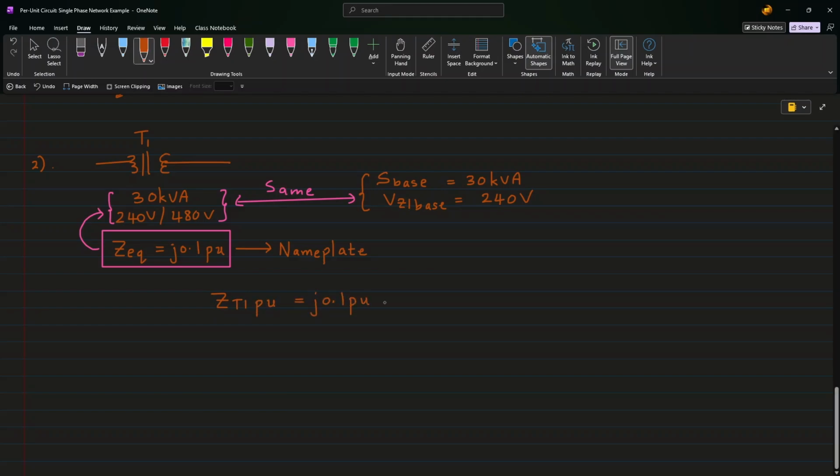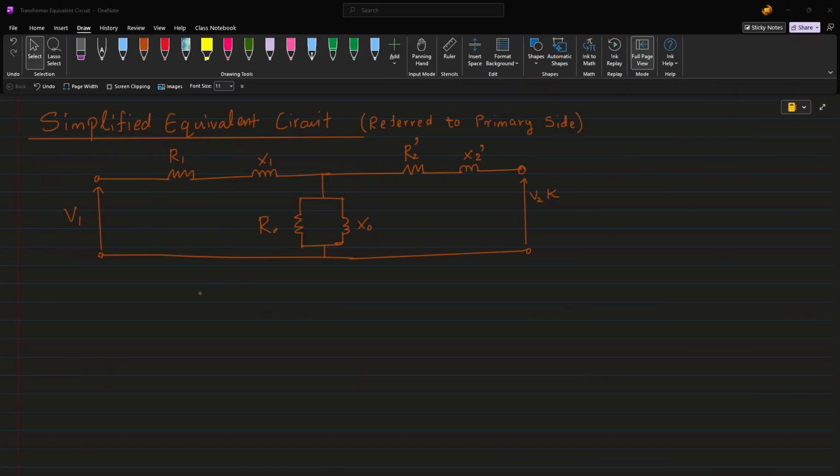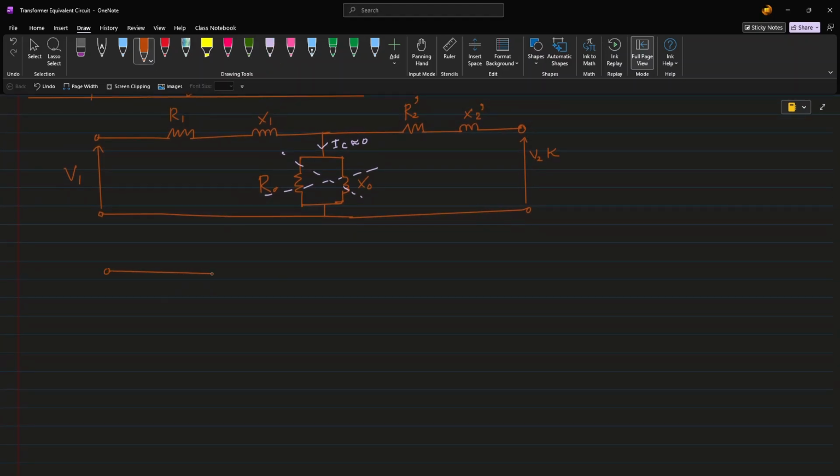A quick side note, you can see in this question that they have given a per unit equivalent impedance. But by now we know that the transformer has a primary and secondary side impedance along with the shunt components. In most transformer equivalent circuit questions, the shunt resistance and reactance can be ignored because the leakage currents are almost negligible. Hence, we are left with a further simplified version like this.